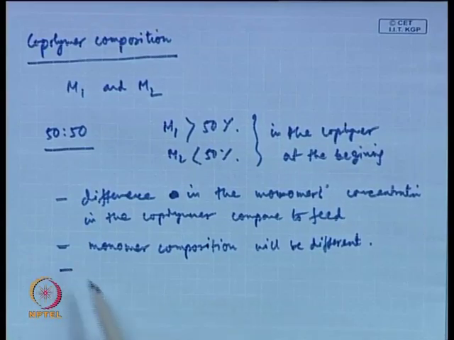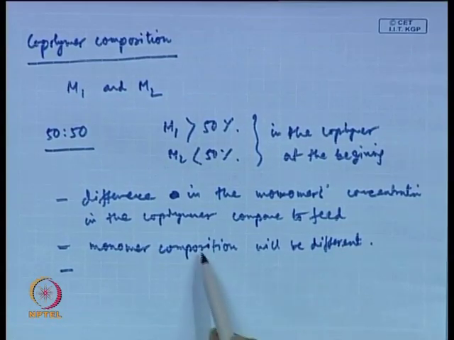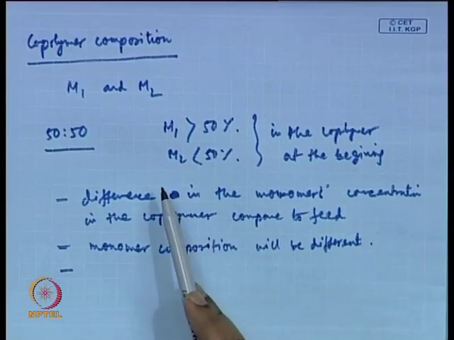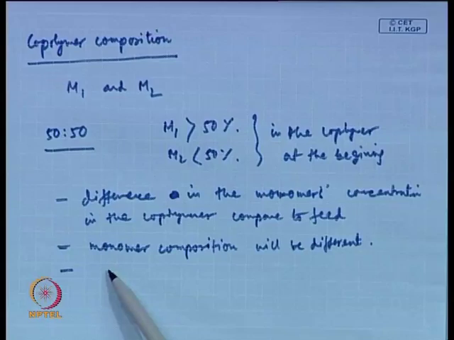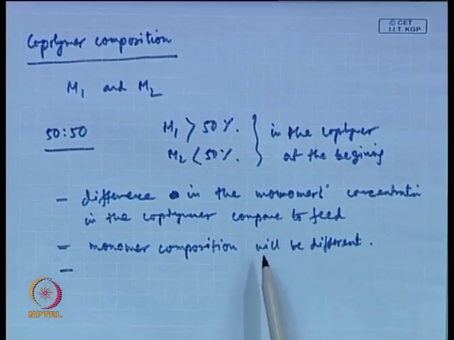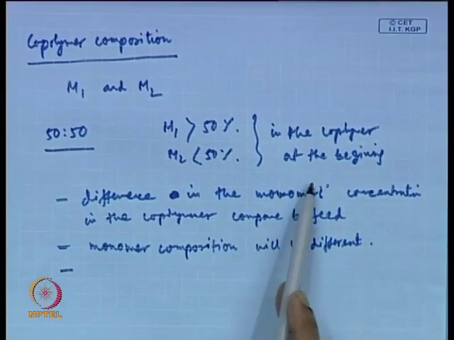So, now the copolymers which will form at the later part of your copolymerization, because the ratio of M1 to M2 is different from the beginning numbers, will have different monomer content than the copolymers formed at the beginning.